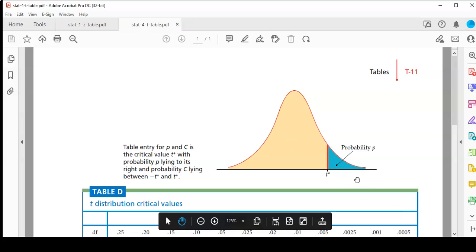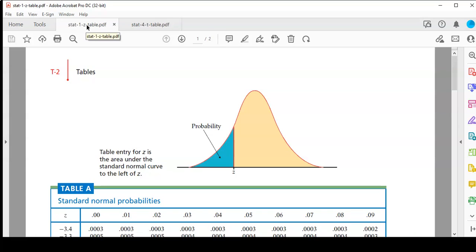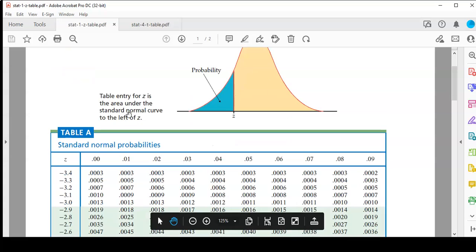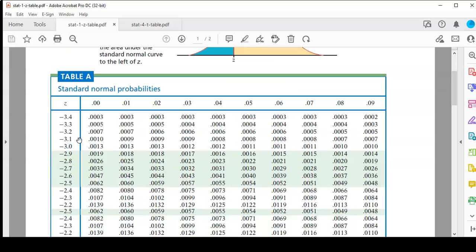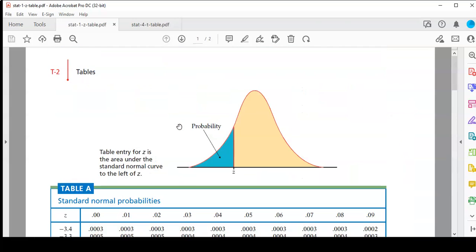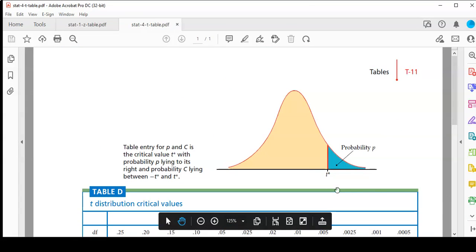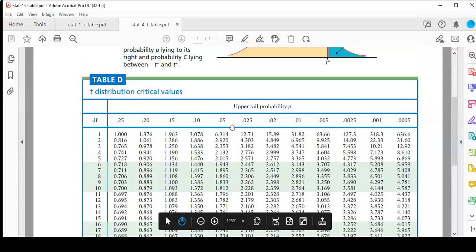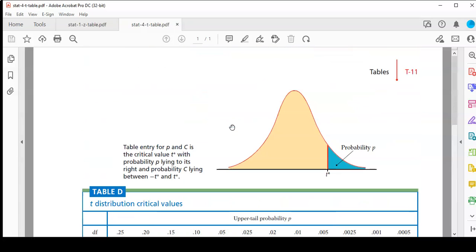Recall that it's shaded to the right. And here is a z-table, and the z-table is shaded to the left. See the difference here? The z-table says z all the way, and all these probabilities are there. Here the picture says t star, with right-hand side shading, and so on, all the probabilities. So we have to use this table.